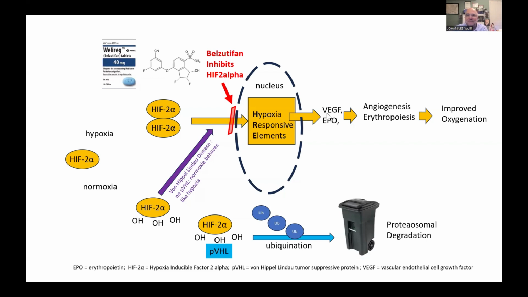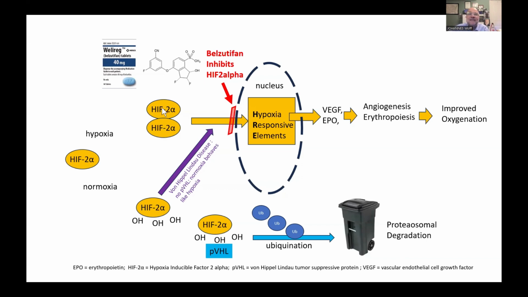Among those are VEGF, vascular endothelial cell growth factor, and EPO, erythropoietin. Vascular endothelial cell growth factor results in angiogenesis, in making new blood vessels. EPO results in erythropoiesis, making new red blood cells. Both of those result in a better oxygenation of the cell that had this poor hypoxia.